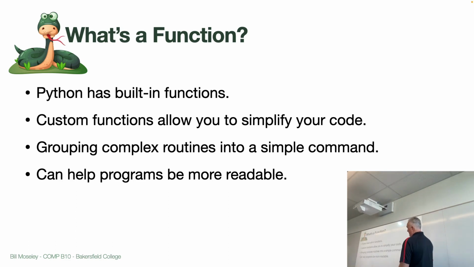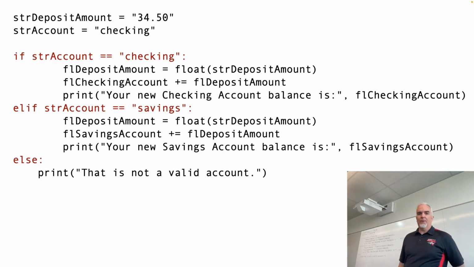So Python obviously has built-in functions. Custom functions are ones that you write where you can group complex routines or commands into a simpler command, and it can help your program be more readable. For example, we just finished the ATM assignment, and this might look like a snippet from the ATM assignment where we have a deposit amount.